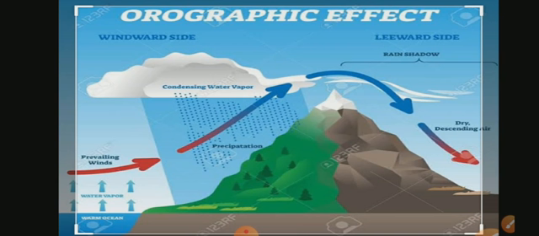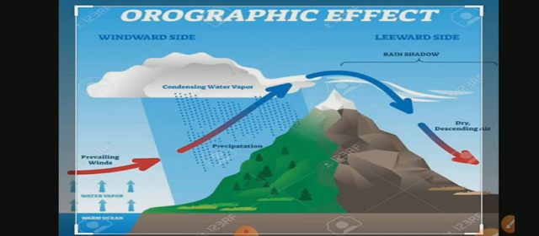Here in the back side you can see the wind is dry descending air. So the area facing the wind is called the windward side. When the winds reach the other slope, they descend and their temperature rises. Then the capacity to take in moisture increases, and hence these leeward slopes remain rainless and dry.